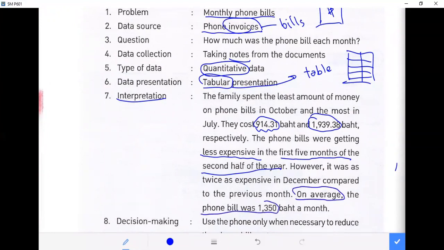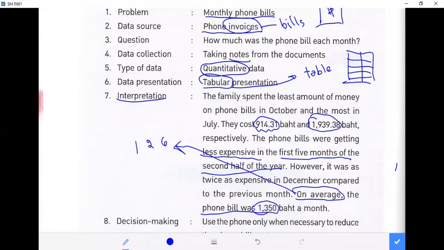Average is 1,350 baht a month. Okay, so average means, maybe I write it easy for you. Let's say I have 1, I have 2, and let's say 6.